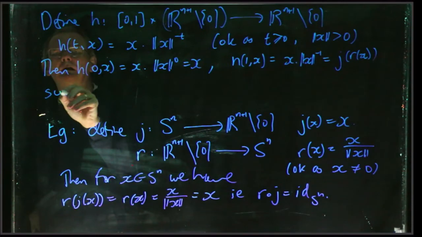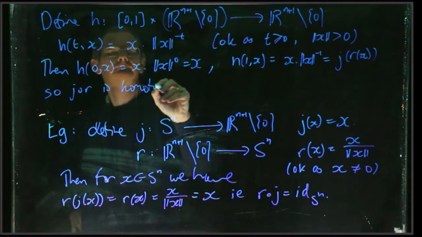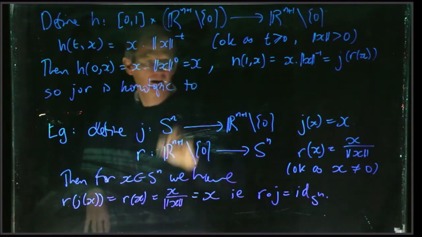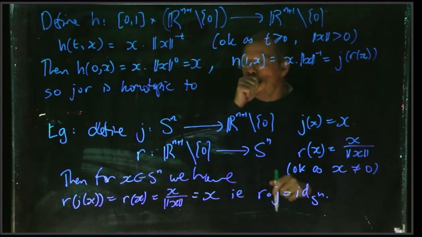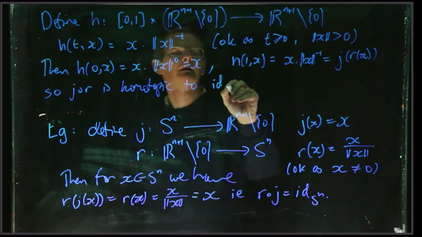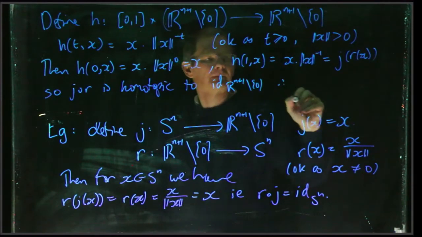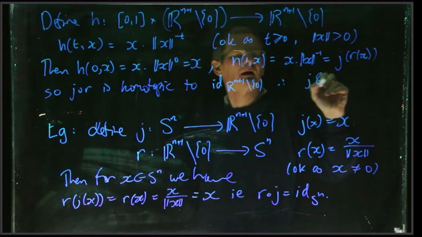So j composed with r is homotopic to the identity on the space here.